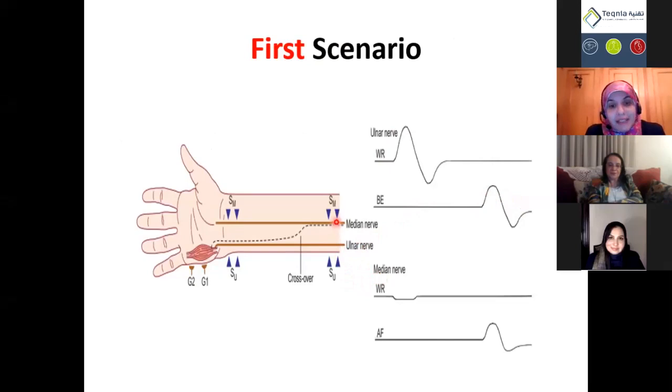I'm going to stimulate the median. When I stimulate the median at the wrist, I will get no response, because the fibers are not in my way. When I stimulate here, I get a response. So this is Martin-Gruber anastomosis. The response here is the difference between these two. This is the first scenario.